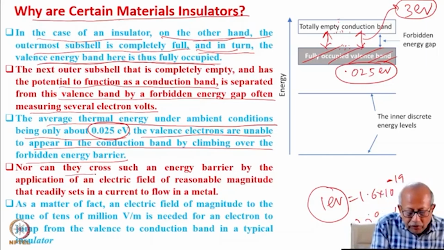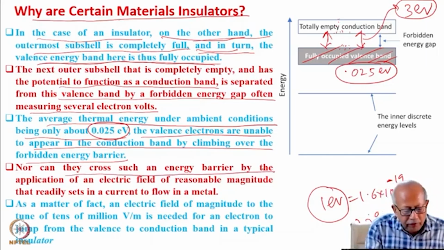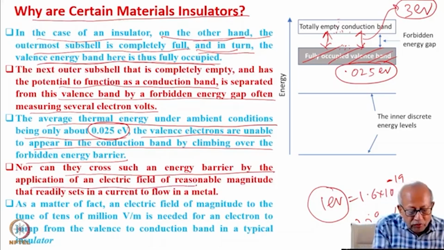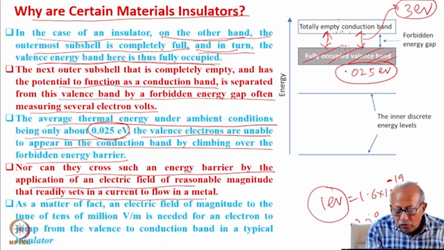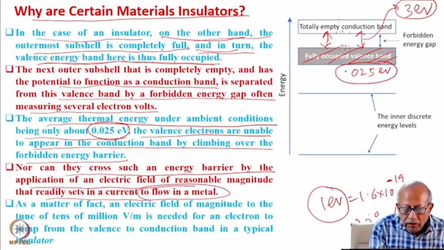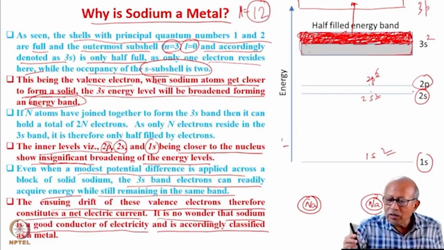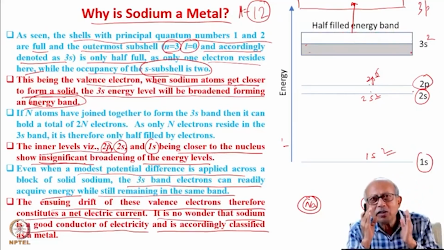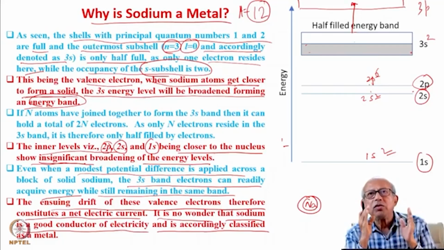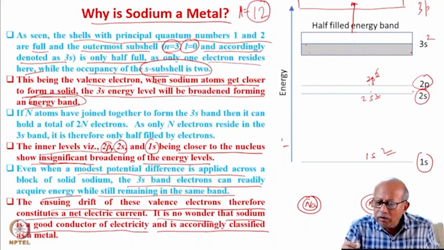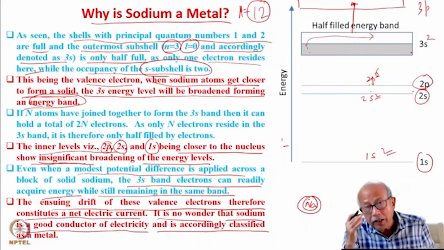Nor can they cross such an energy barrier by the application of an electric field of reasonable magnitude that readily sets current to flow in a metal. In a metal, this is empty. So even a very small, insignificant voltage that is applied can cause these electrons to move around in this empty space in energy.